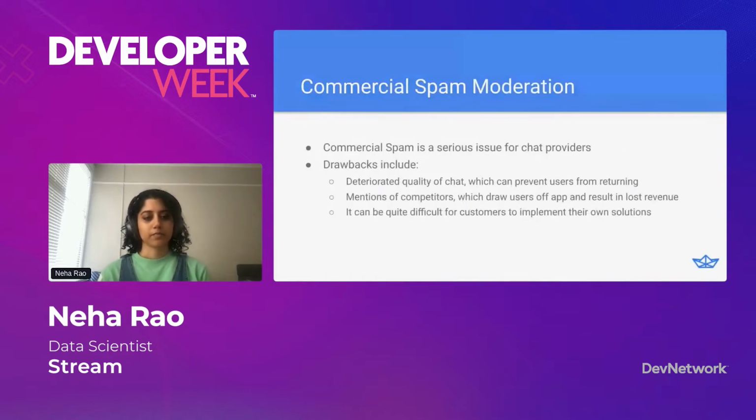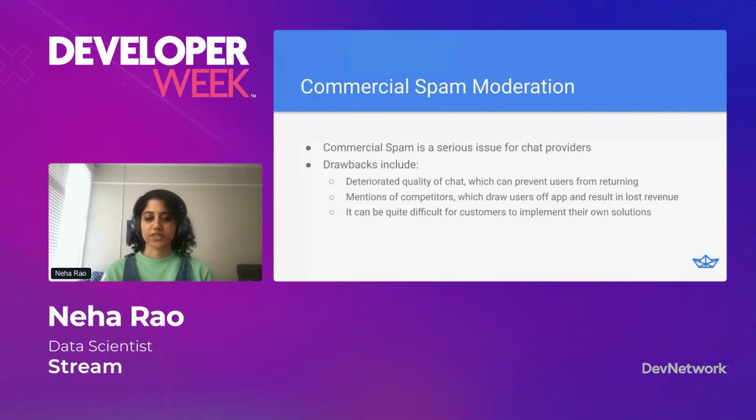In our discovery, we found that a number of our customers have issues with commercial spam. The drawbacks include a deteriorated quality of chat, which keeps users from returning to their app. When you have high volumes of spam messages happening, it really ruins the flow of the conversation and makes it quite a frustrating user experience.